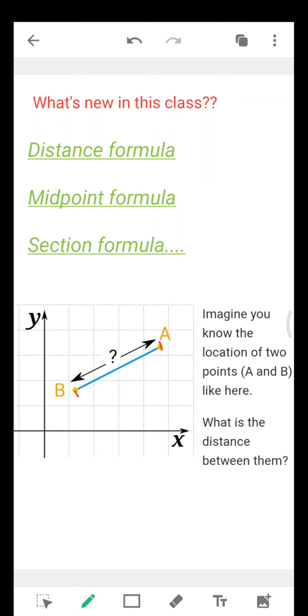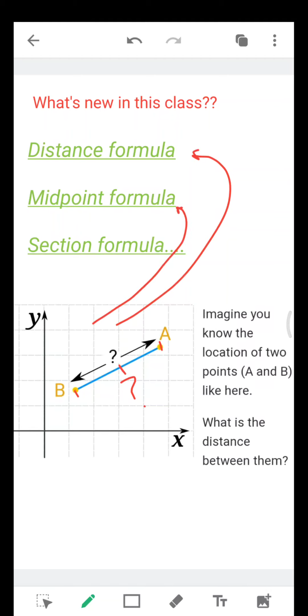Can you find the distance between these points? Yes, we can find the distance between the points A and B on the graph. We can even find the midpoint of this line segment, or the midpoint of these 2 locations, by using the midpoint formula.